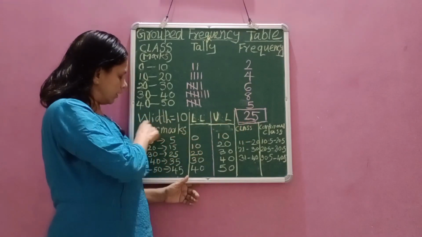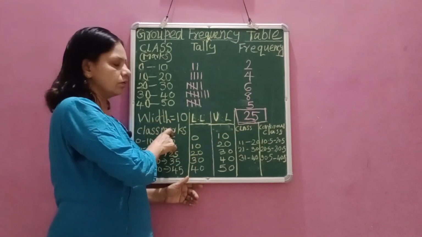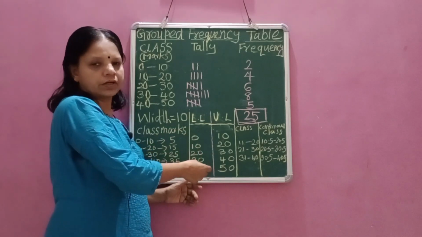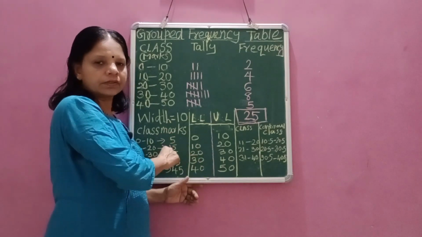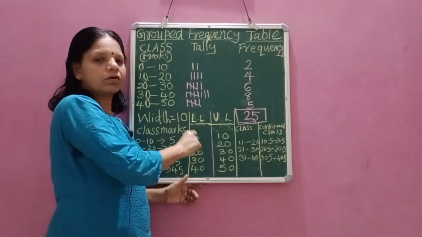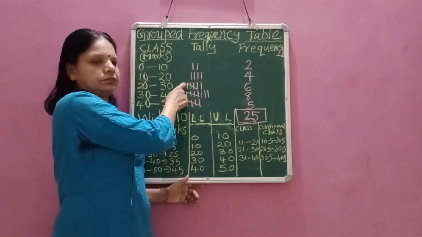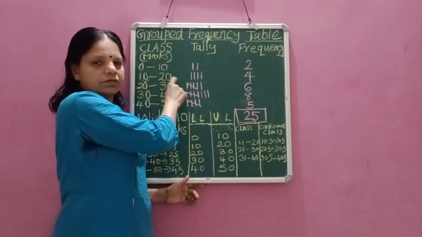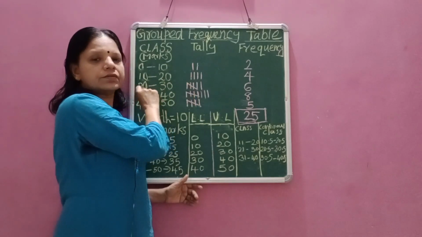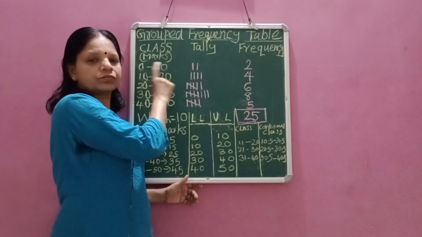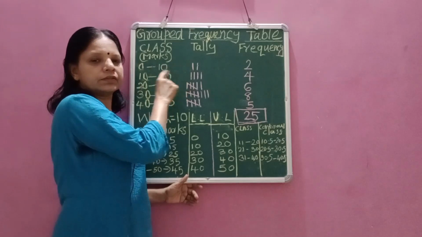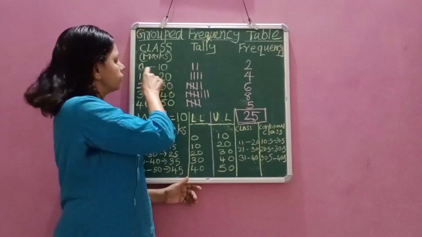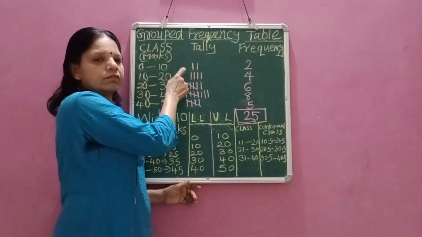And one more thing, what is meant by class mark or midpoint of a class? It is nothing but the average value of the limits of the class. Average means what? Average of two numbers is the sum of the numbers divided by 2. Here the two numbers are the limits, upper limit and lower limit.